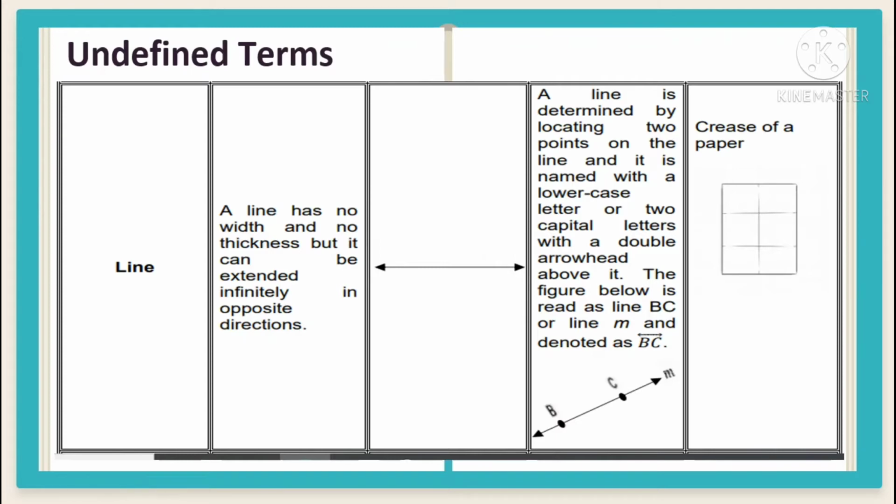The figure below is read as line BC or line M, denoted by line BC. The crease of a paper is an example of a line.